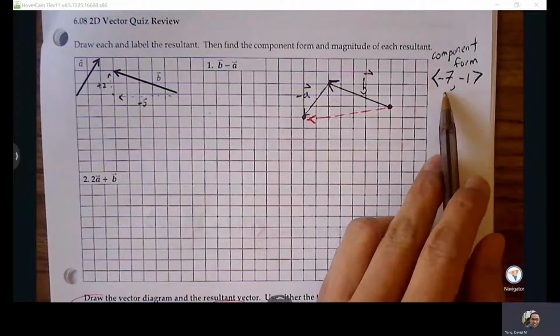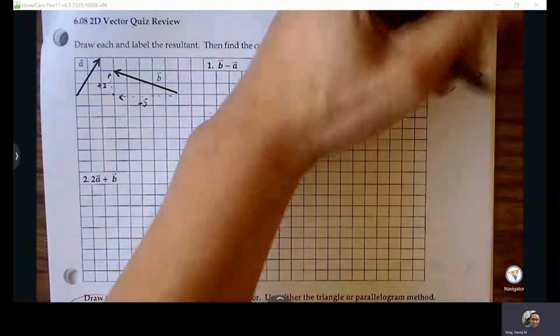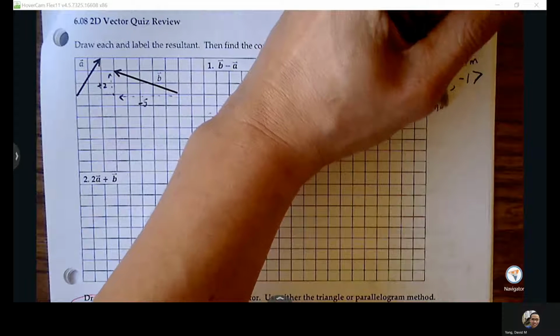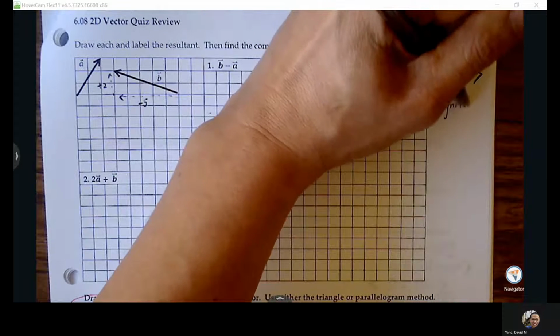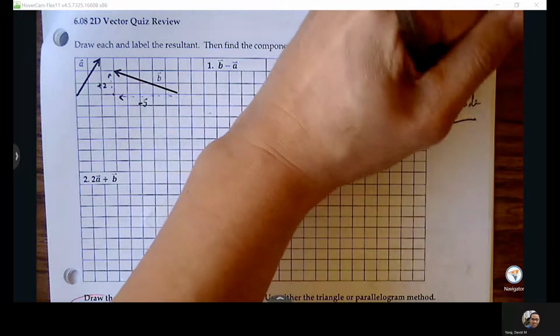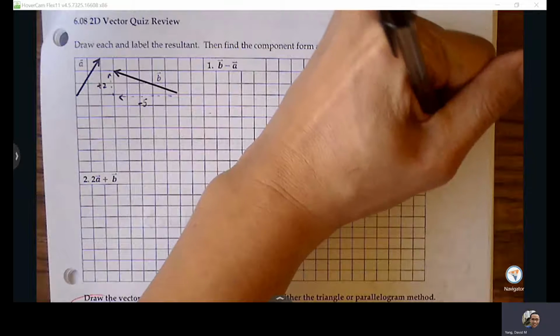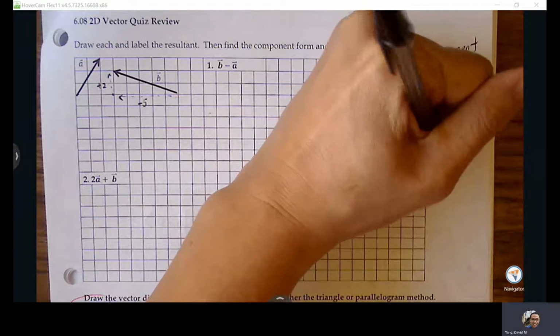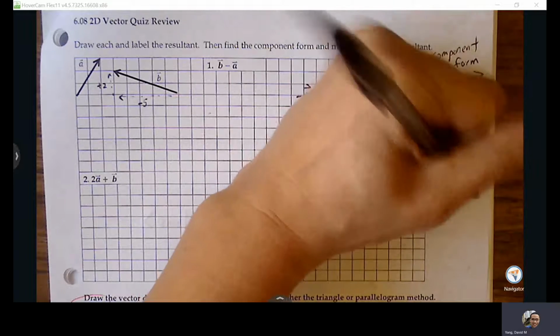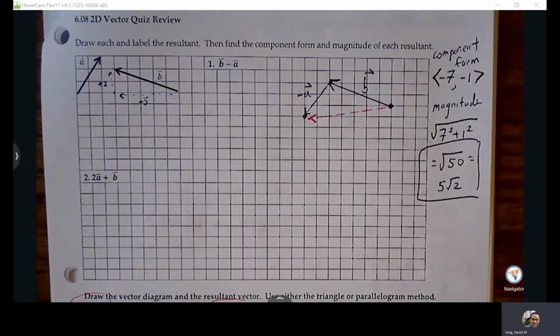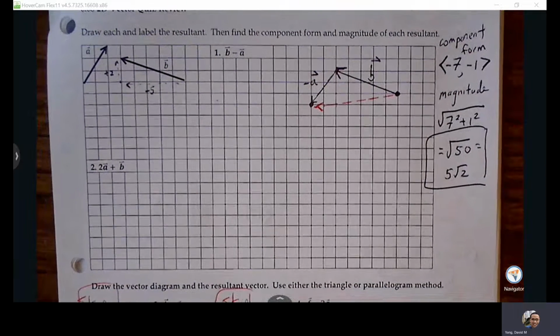Magnitude, Pythagorean theorem, right? Square root of a squared plus b squared. Okay, either form is fine, root 50, or you can break it down to 5 root 2, make the calculator do that for you. Okay, are we comfortable with this process here?